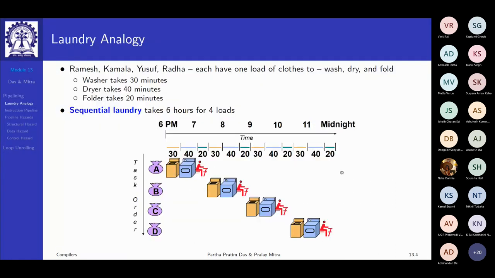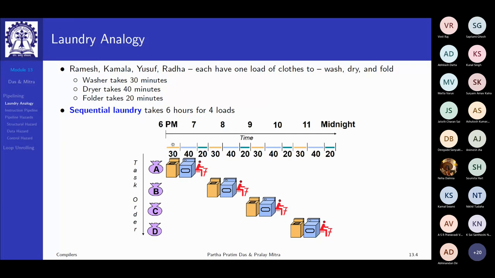Now, this is the classical laundry analogy, which I'm sure you have already covered in your course, but just to have a quick recap. There are four people who want to wash, dry, and fold their clothes, where a washer takes about 30 minutes, a dryer takes 40 minutes, and a folder takes 20 minutes.